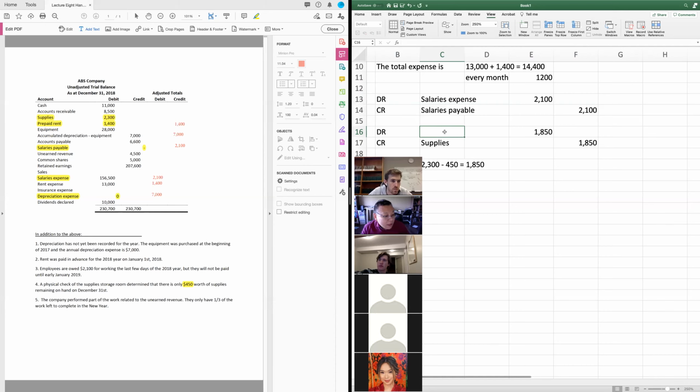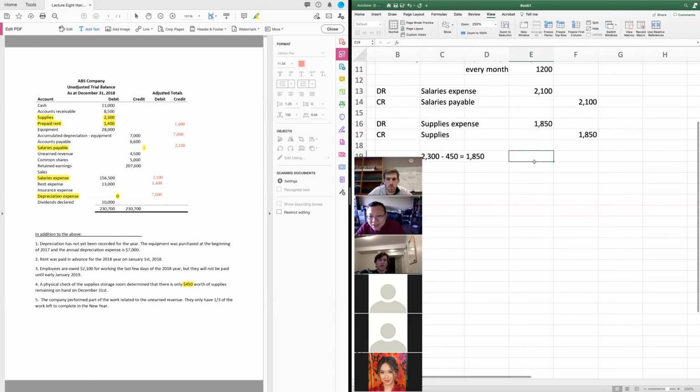Okay. How about supply expenses? Sure. Yeah, supplies expenses. What else can we see here? Rent, insurance. Let's just call it supply expenses. So now I need a debit, credit, 1850. And I need to add an additional account.